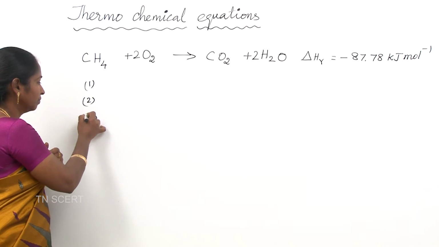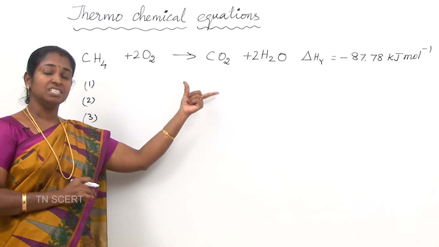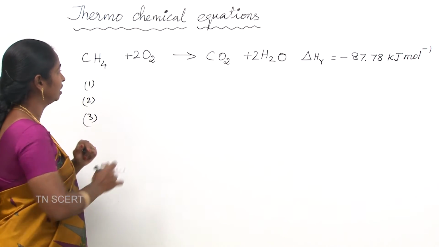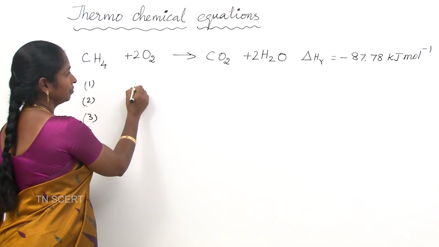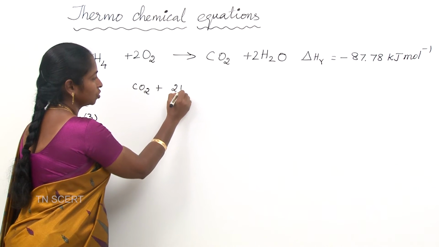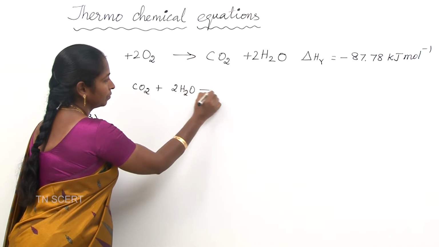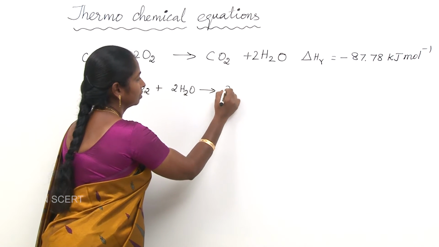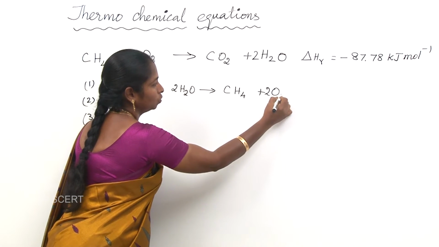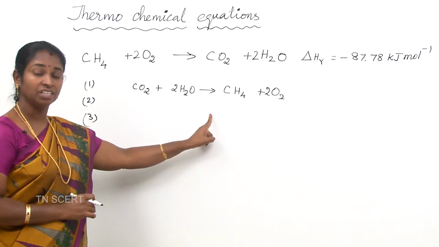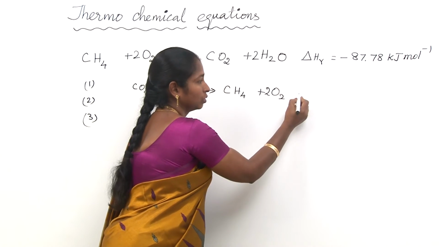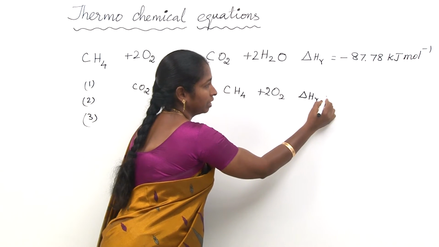Then, if the equation is reversed, let us write the reverse of the equation. CO2 reacts with 2H2O to form CH4 and 2O2. If the equation is reversed, the delta H value should be given like this.